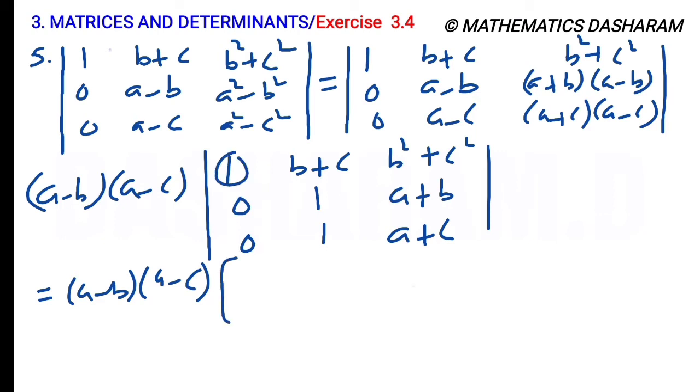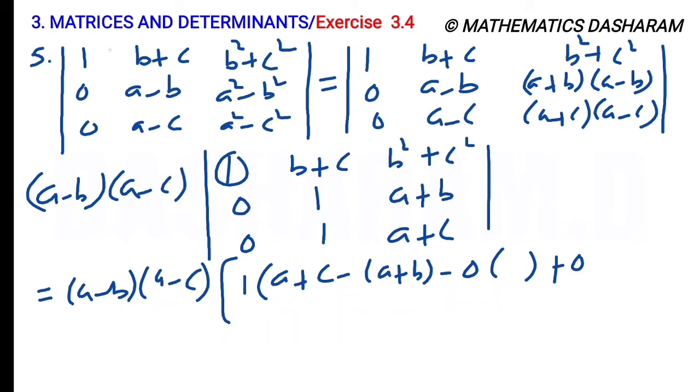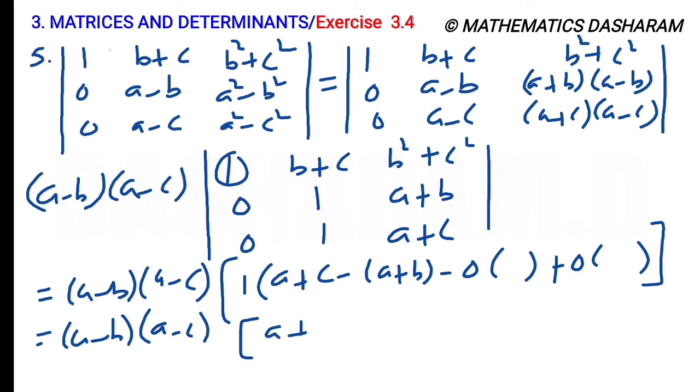So take 1 into bracket of 1 into A plus C minus 1 into A plus B. So 1 into A plus C is A plus C, minus 1 into A plus B is A plus B. Next, minus 0 into, plus 0 into, so it is equal to (A minus B) into (A minus C) into, here, 1 into (A plus C minus A minus B).